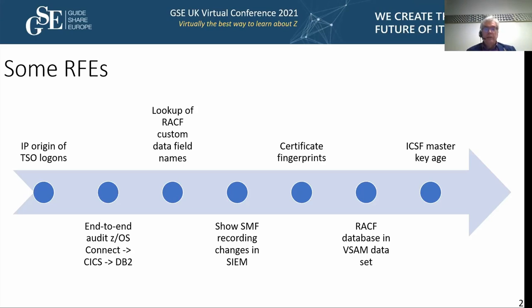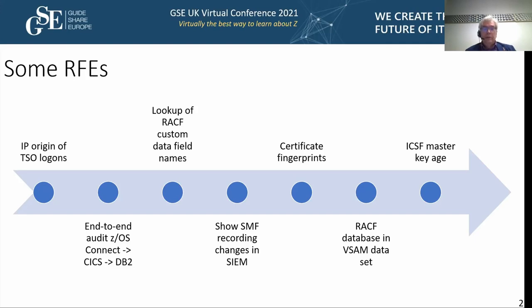Another feature that has been requested by, I think, at least 20 customers was the lookup of RACF custom data field names. So if you make a CFIELD profile to define a new custom data field, then you can now use that field name in Carla queries, look up the value.